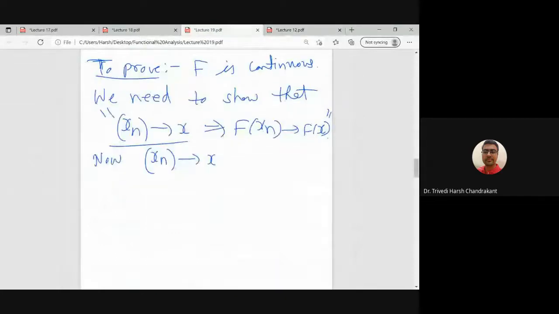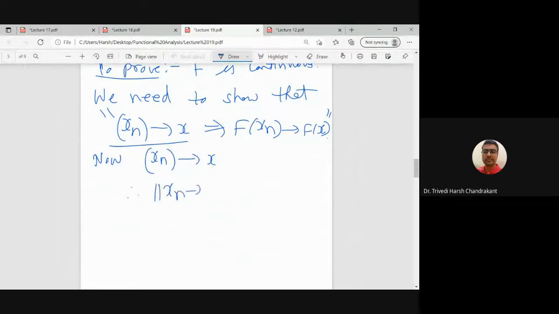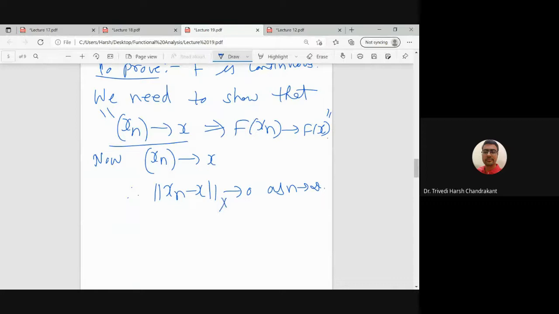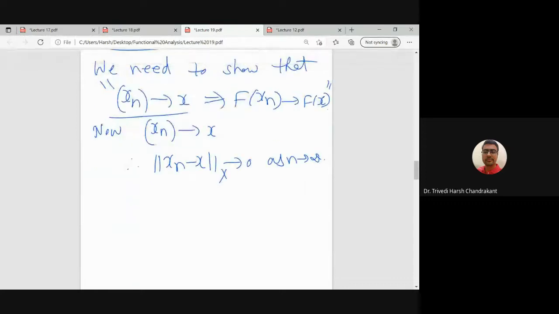Note that whenever xn converges to x, that means the norm of xn minus x goes to 0 as n tends to infinity. This is the norm in X. Now, what is the norm in the quotient space?